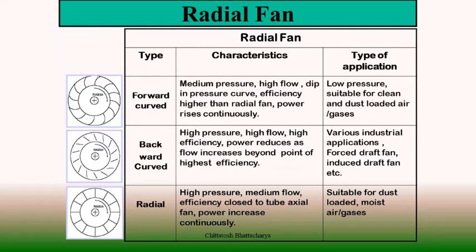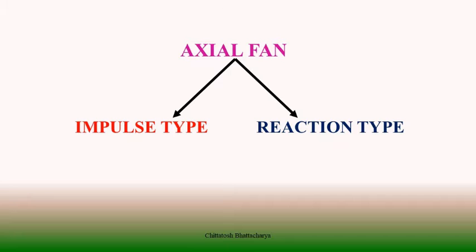The axial flow fans or axial fans can be classified into two categories: impulse type or reaction type. The classification is based on a term called degree of reaction. Degree of reaction is the amount of head developed by the impeller with respect to the amount of head available across the fan.